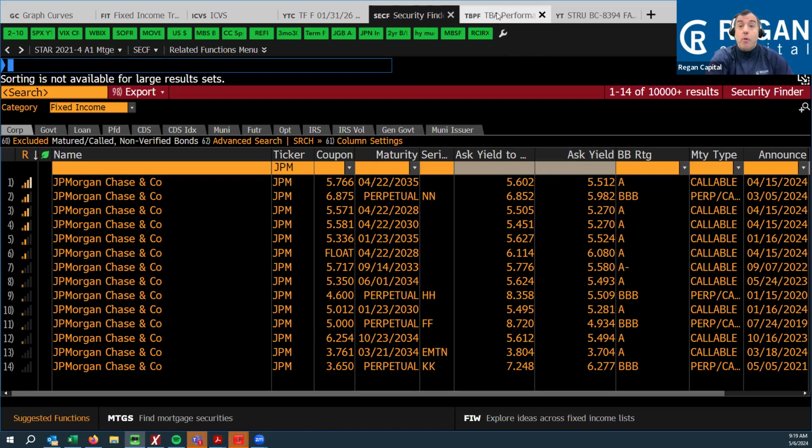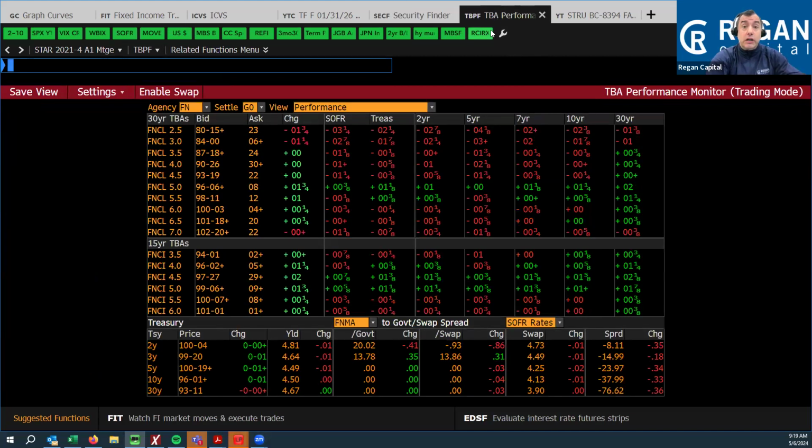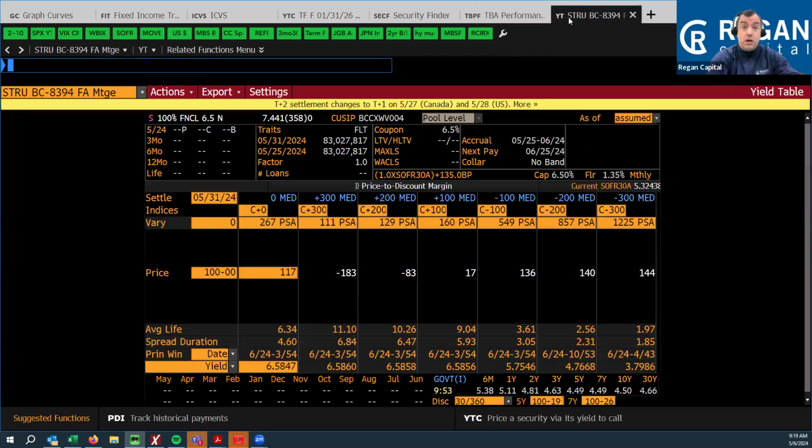If we look at mortgage bonds, so current coupon mortgage bond, the bond you buy at around par is about 6%. If you go out and you buy an agency floating rate bond, this is a new issue agency floater that's also trading at par. You get a 6.5% yield at par.